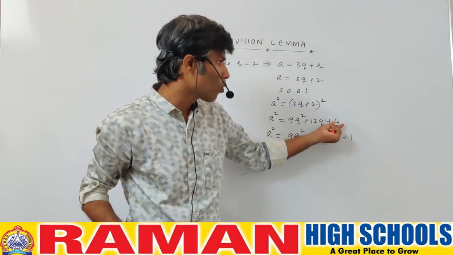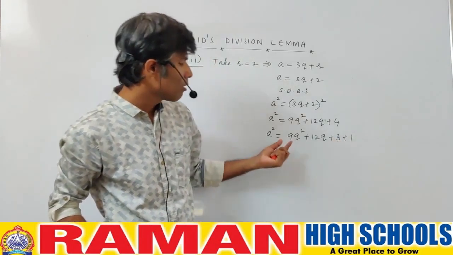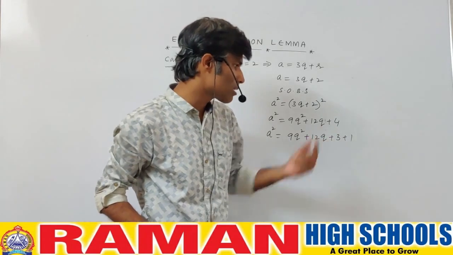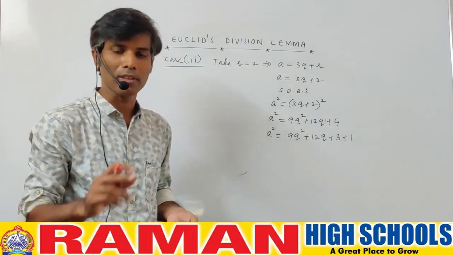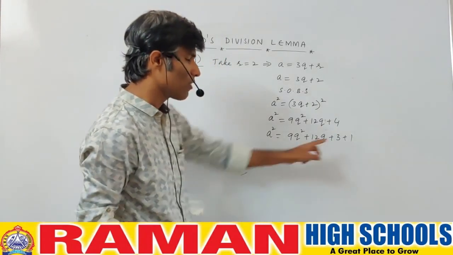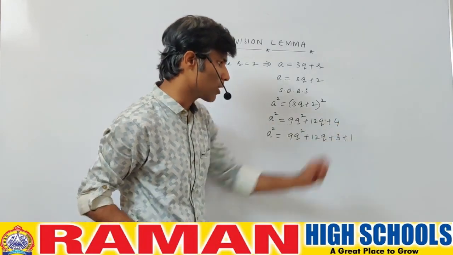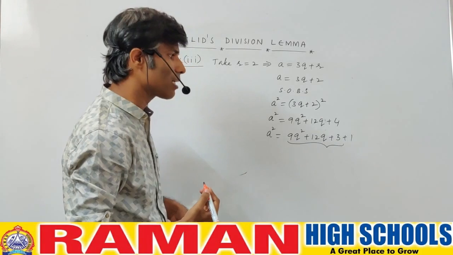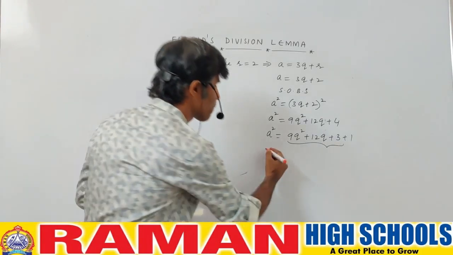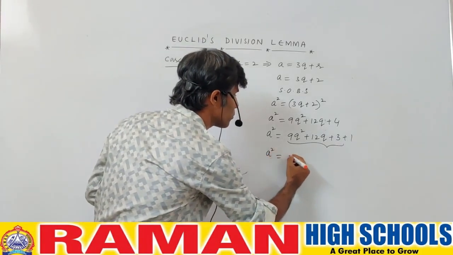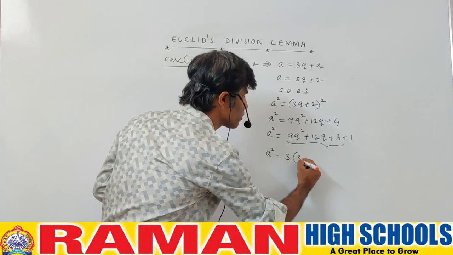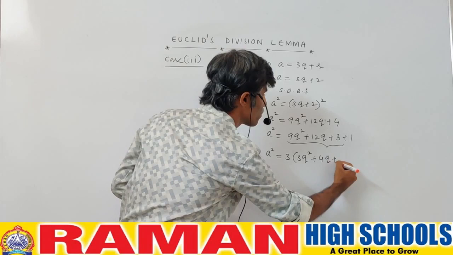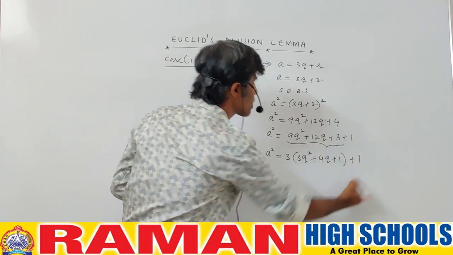Here we are writing 4 as 3 plus 1 because we have to write these terms as the product of 3 and something. From these three terms we can take 3 as a common factor. That is a square equals to 3 into (3q square plus 4q plus 1) plus 1.